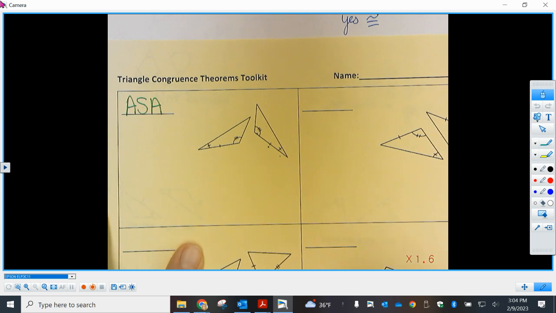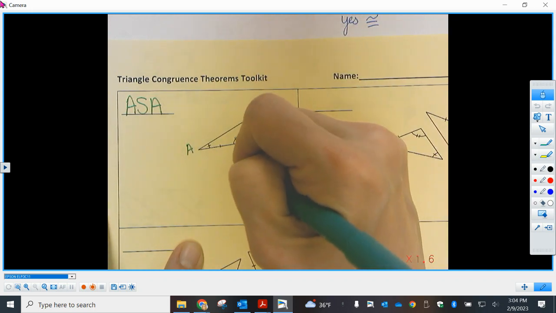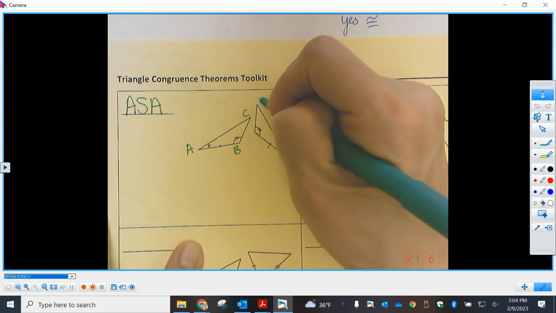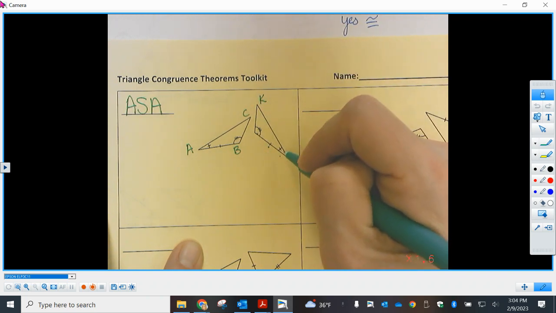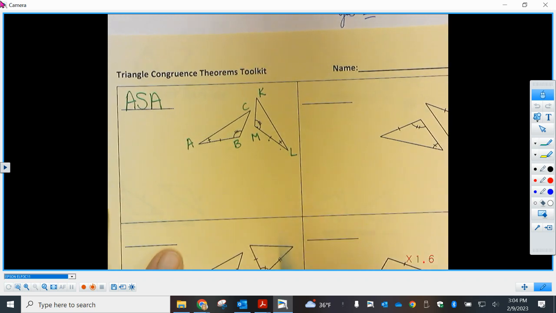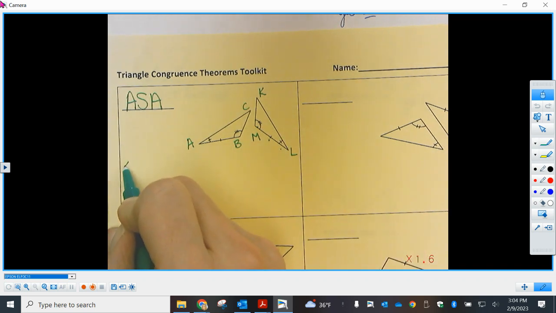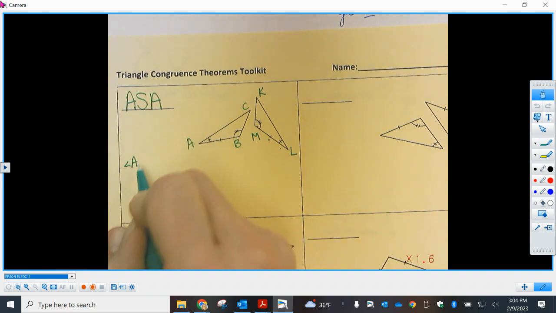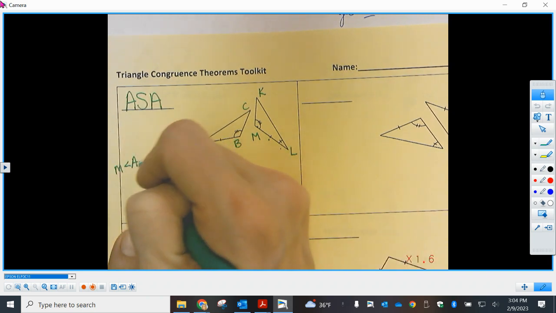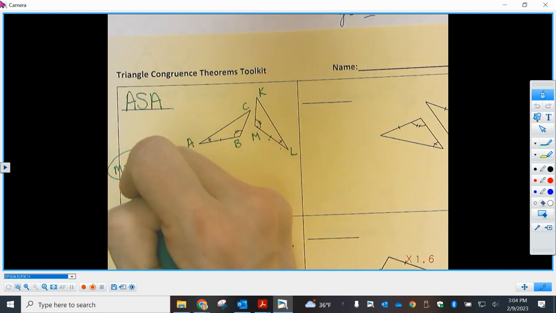So we could label this as A, B, C, and K, L, M. We know that angle A is congruent to angle L. We can say that they're congruent, or we could say that their measures are equal. The measure of angle A equals the measure of angle L. Okay, that was given.